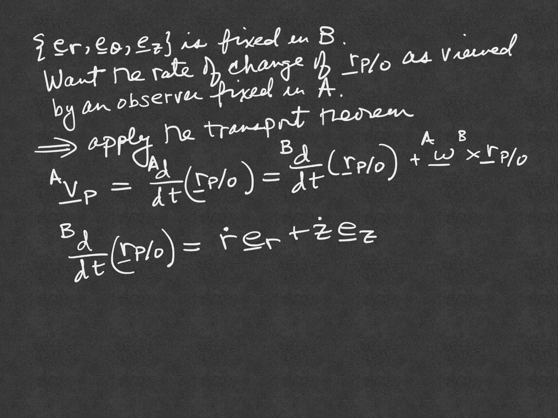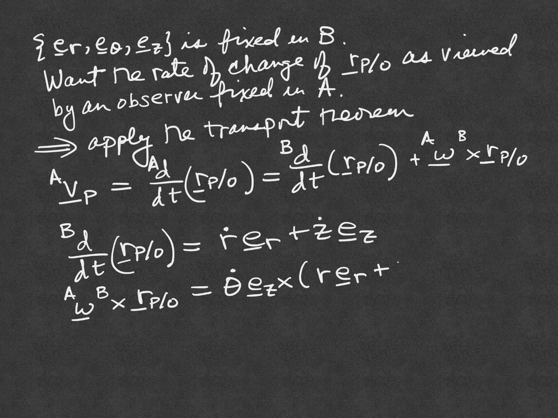So the next thing is that the angular velocity of B in A crossed with the position of P relative to O is equal to theta dot EZ crossed with R ER plus Z EZ, which is equal to, well, EZ crossed with ER is E theta, and EZ crossed with EZ is 0.